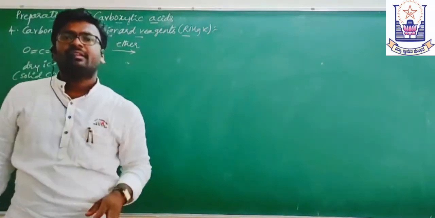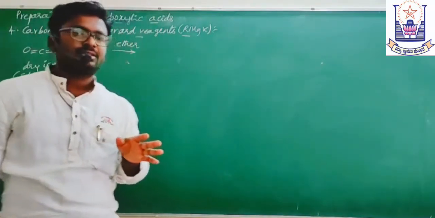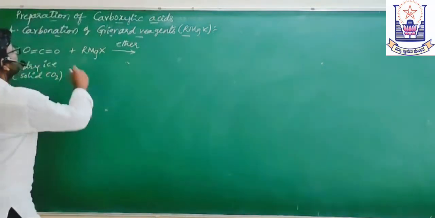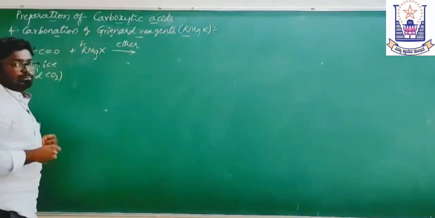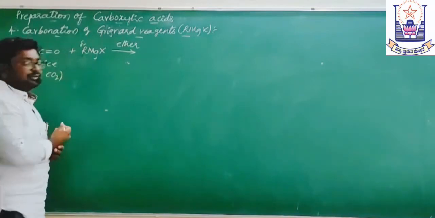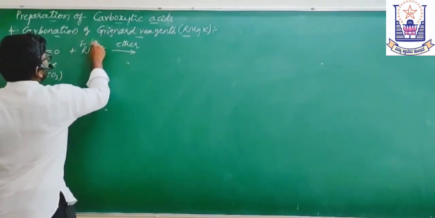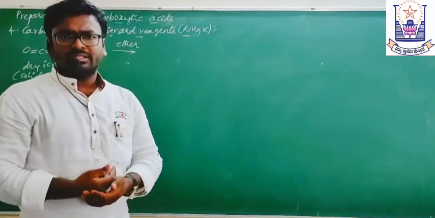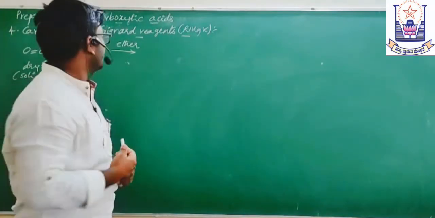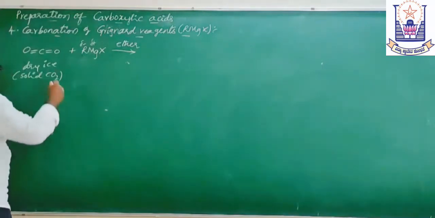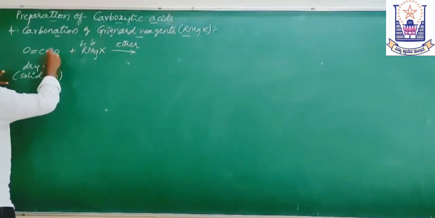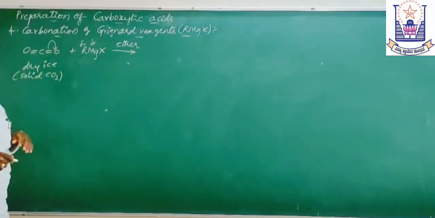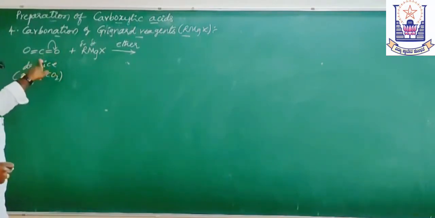Ether is a non-reactive solvent. What happens here? We know the Grignard reagent has two parts. The alkyl part is electron rich, and magnesium, being a metal, carries a delta plus positive charge. One of the oxygen atoms will take the pi bonding electrons, and polarity will be created here.